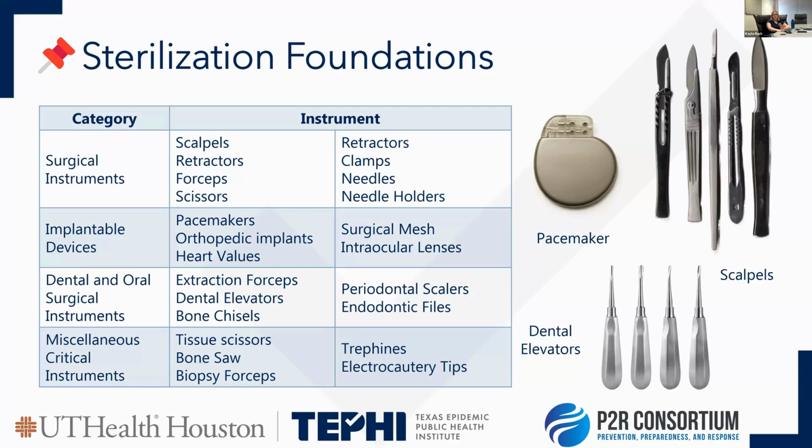Also be mindful if at your organization you are having vendors come in and provide certain surgical sets or certain implants. Make sure they always have a backup or multiple sizes that have already been processed, that they have been sterilized and they're ready to go.